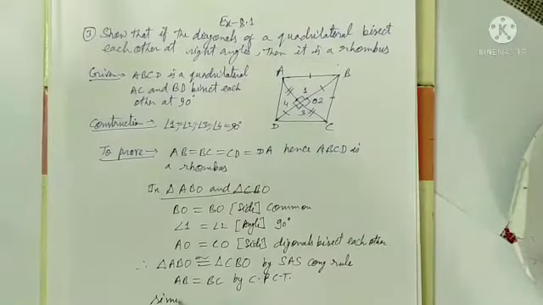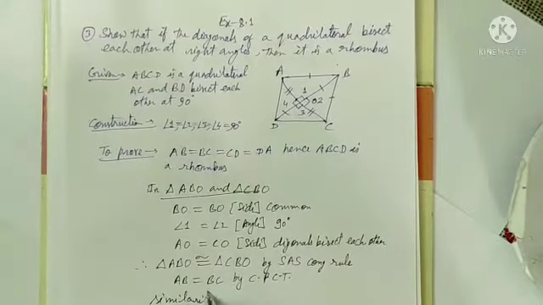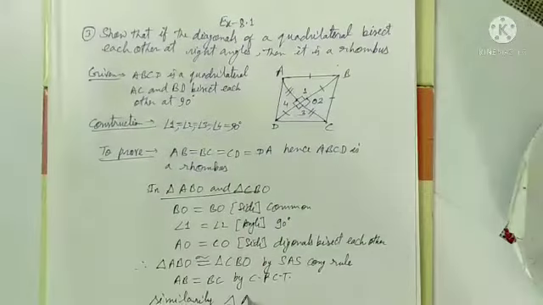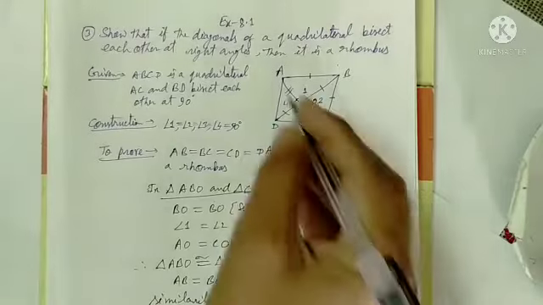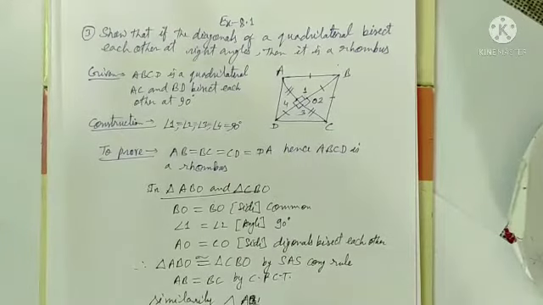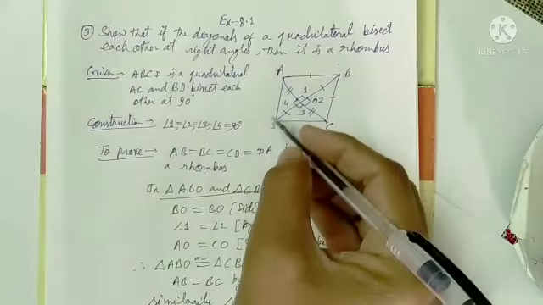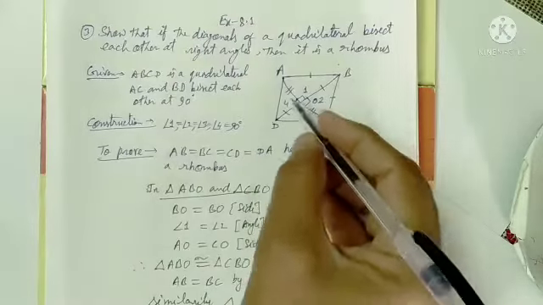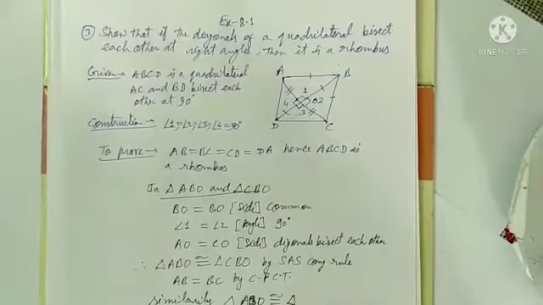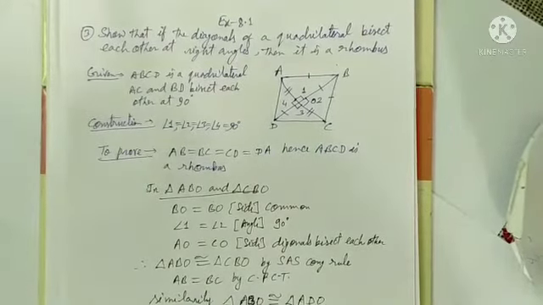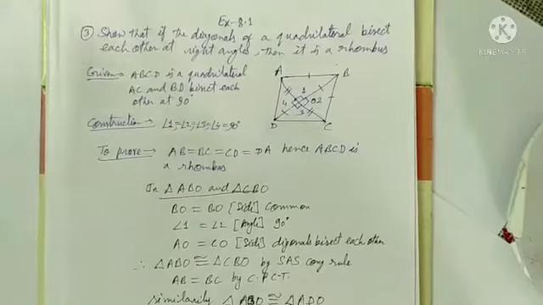Similarly, we can say that triangle ABO is congruent to triangle ADO. Therefore, you can say AD is equal to AB.